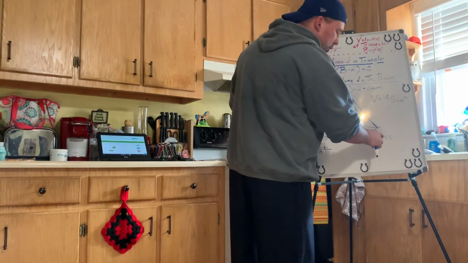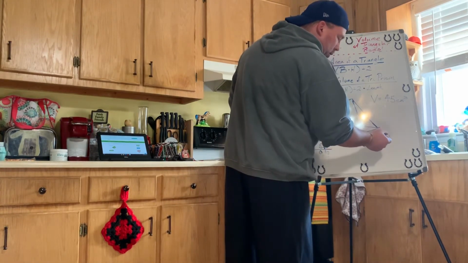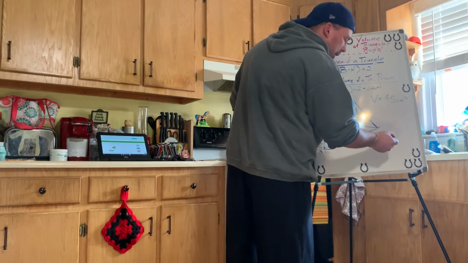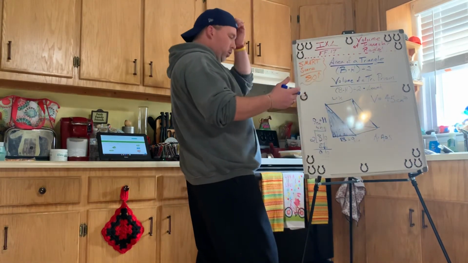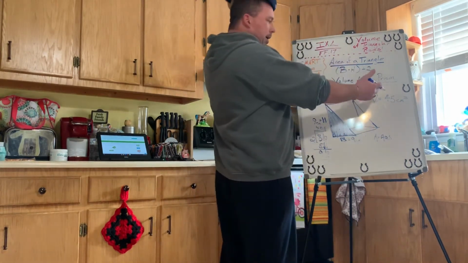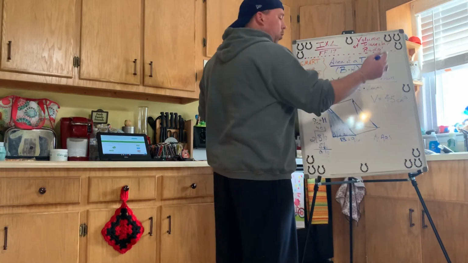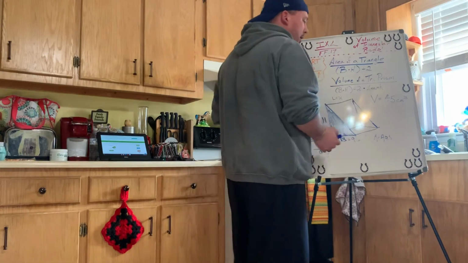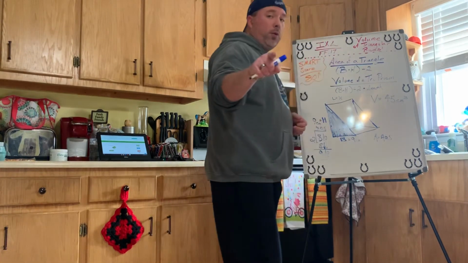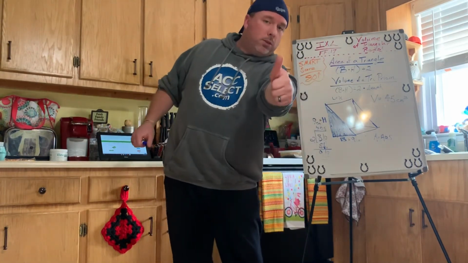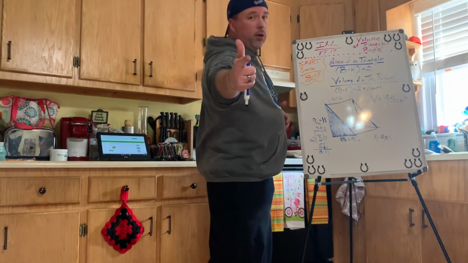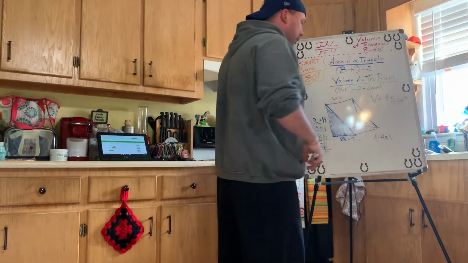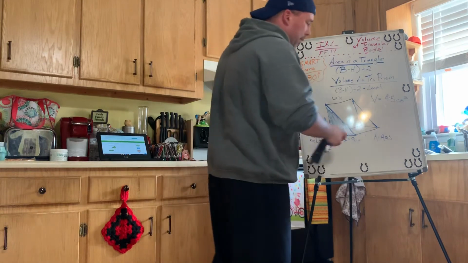Ultimately, in order to make that work, all you're going to have to do is multiply it by the number that you need in order to get your volume. And you're just multiplying by that length. Now for that, remember, you can do that by paper and pencil. You can do that by a calculator. But ultimately, all you have to do in that situation is divide.